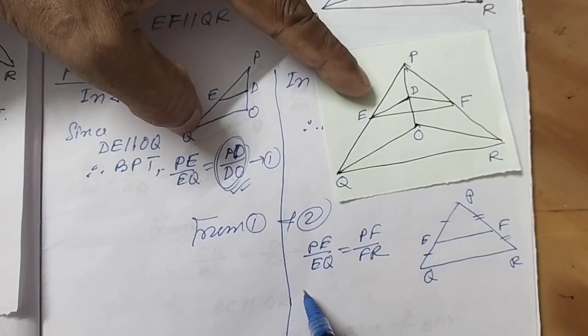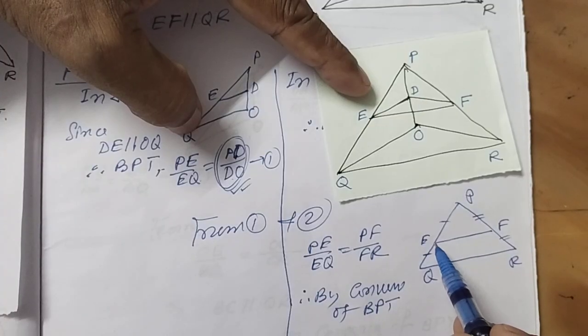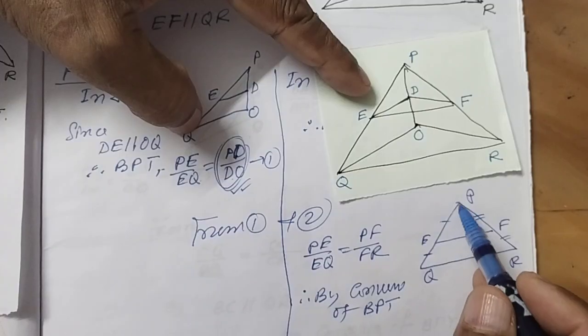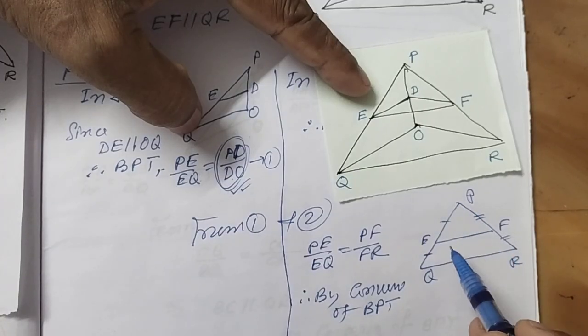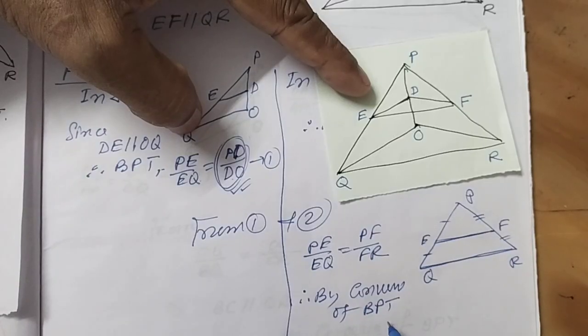So by converse of BPT, ratio equal, so sides parallel. The line is parallel to the third side, since the ratios of these two sides PQ and PR are equal. That is converse of BPT. So by converse of BPT, EF parallel to QR, and that is the complete proof.